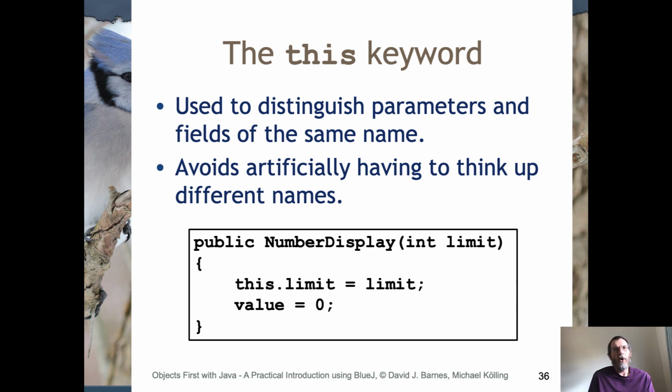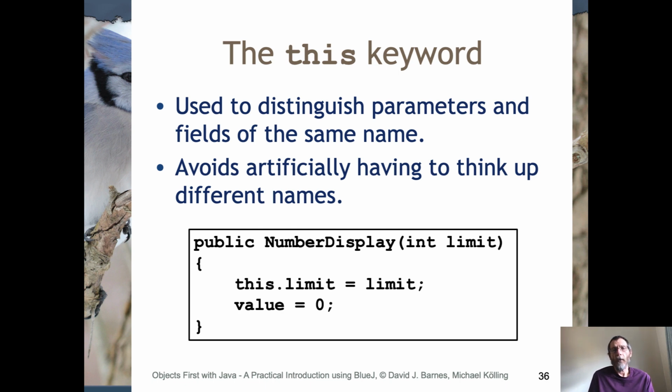Now normally what we would choose to do is to define parameters with distinctive names from other variables that are defined inside the class. But actually it turns out that it's equally common to say I don't really want to have to think of different names for parameters that are going to be used to initialize the values of instance variables.